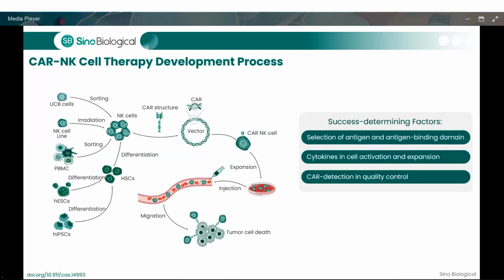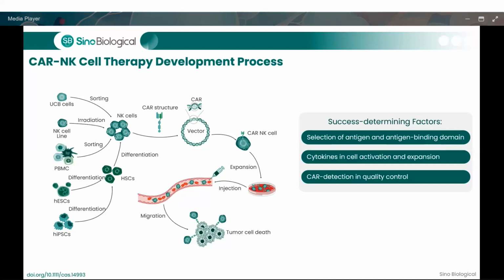Similar to CAR T development, the basic CAR NK manufacturing process includes CAR NK cell extraction, CAR structure design and validation, transfection of the CAR molecule into the NK cells, CAR NK cell expansion, and eventually injection back to the patient after quality control.